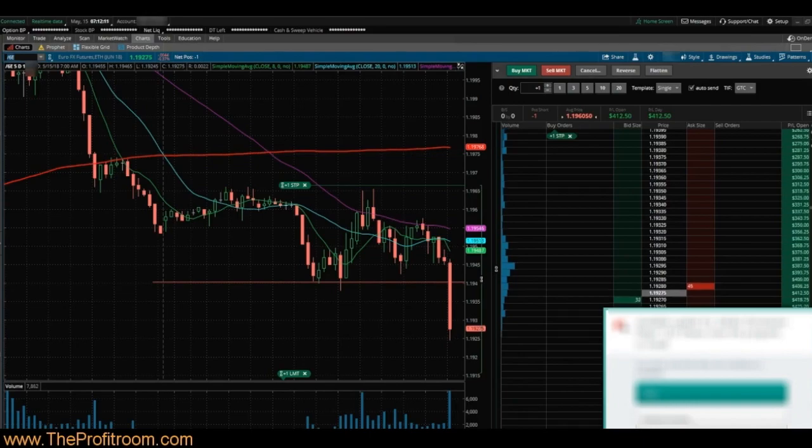So I want it as close to $500. So right around $475, I wanted to see if I can just take the trade off the table and call it a day.